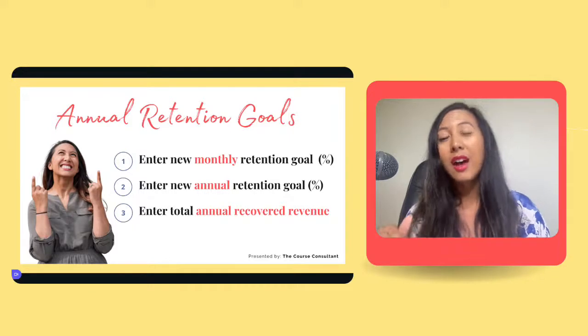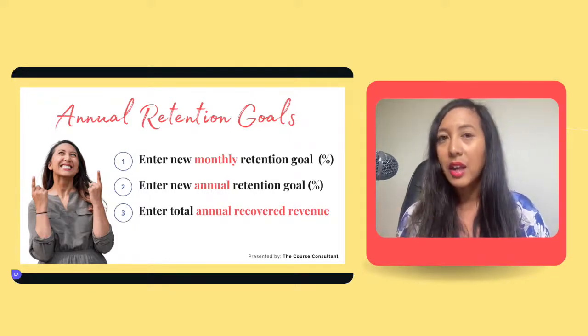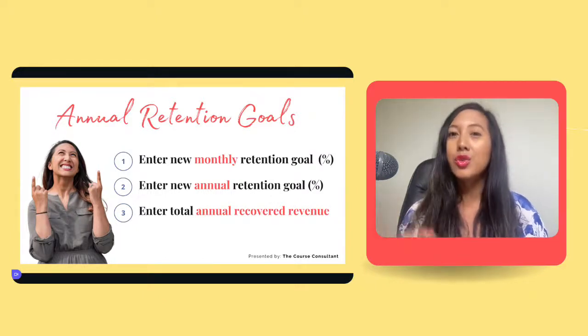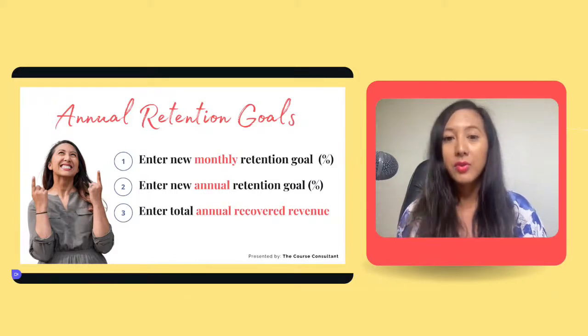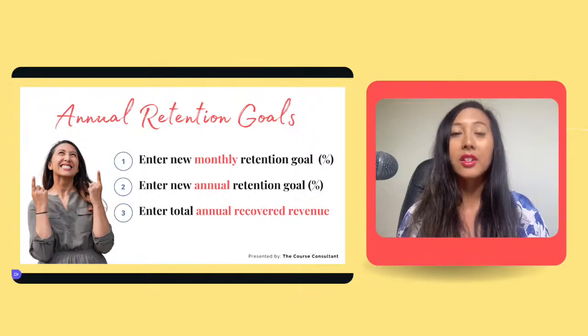So let's say we increase our retention goal 1% every month, and we keep it consistent over an entire year. That definitely contributes to the annual revenue. And number 3, we want to evaluate the recovered revenue overall, meaning the total amount of recovered revenue for our programs and our clients.